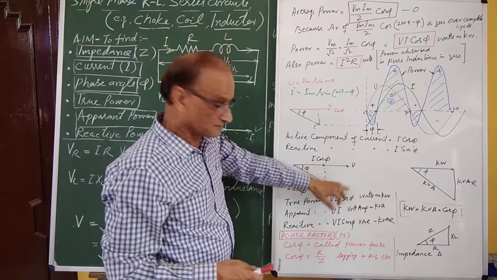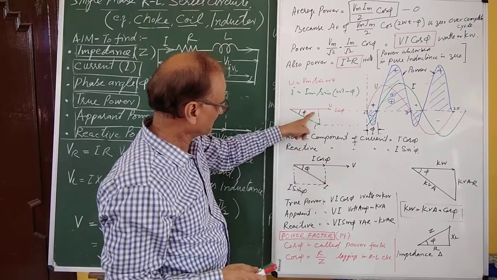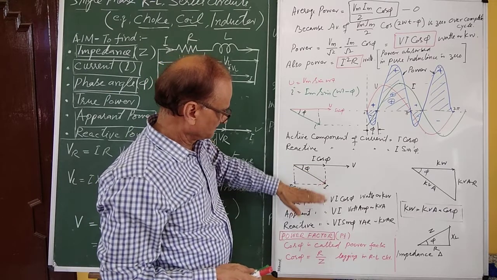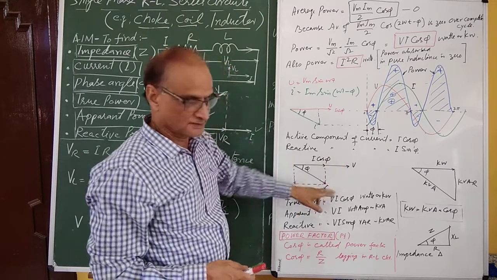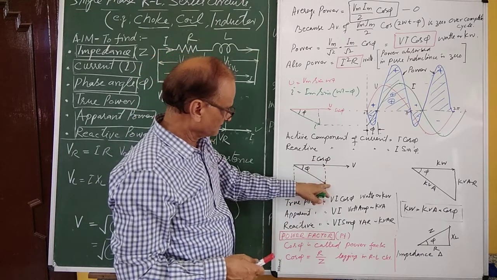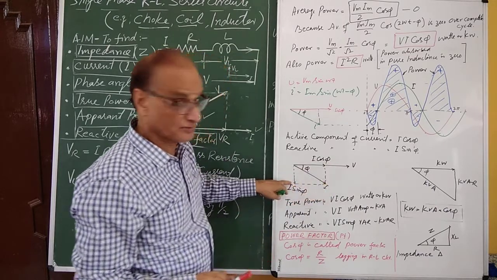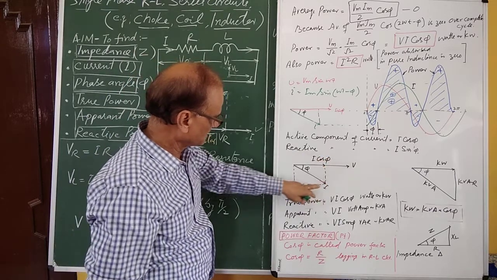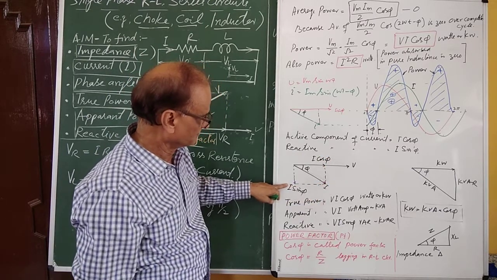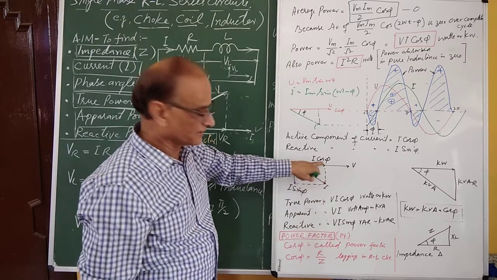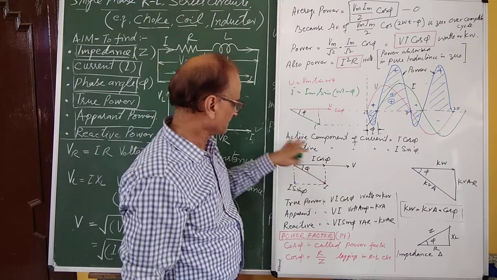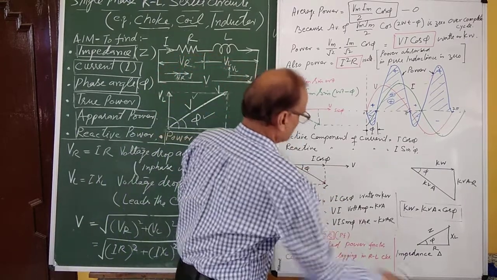Now refer to this diagram, again the same diagram here. This is the voltage and this is the current. We'll take the X component and Y component of this current. The X component of this current is I cos phi and the Y component is I sin phi. So this component of current which lies on voltage is called the active component of current.